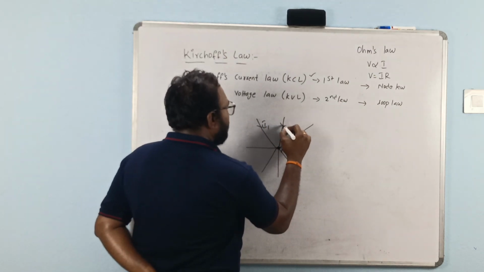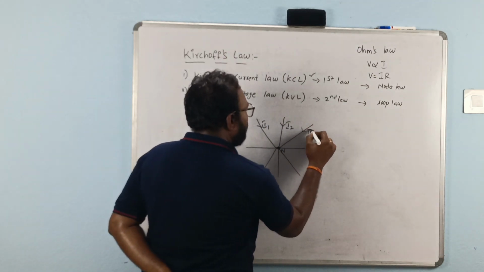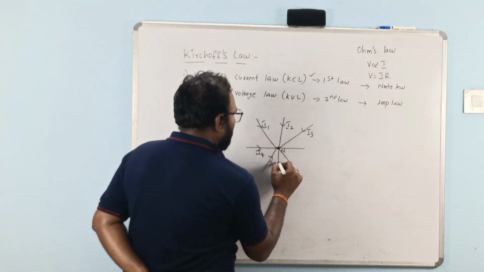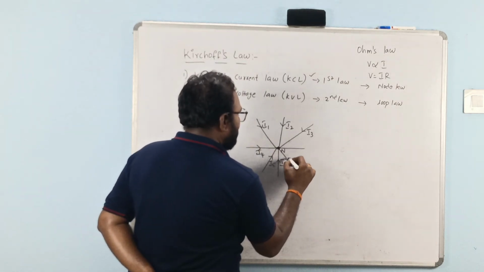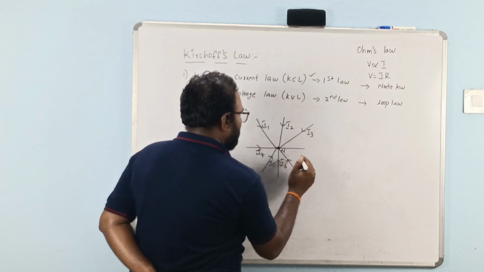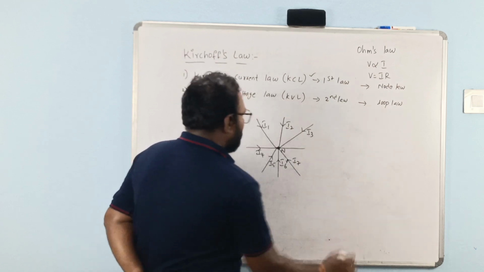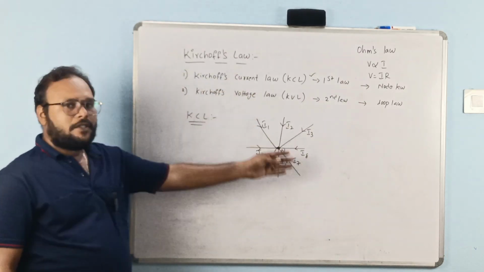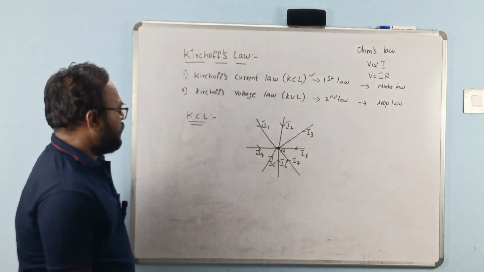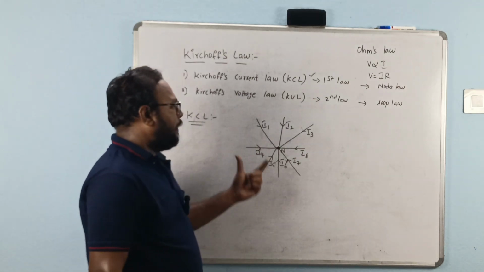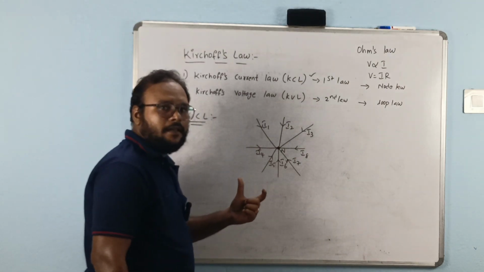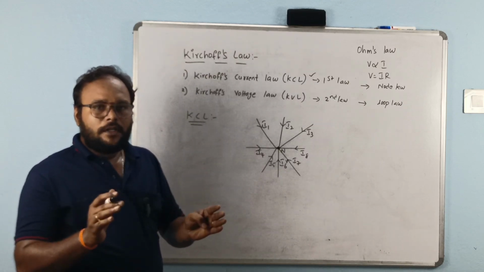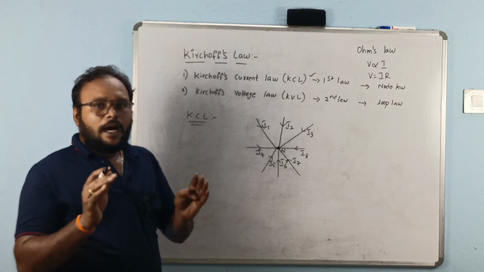Let them be I1, I2, I3, I4, I5, I6, I7 and I8. These are the different branches. The main motive of this law is that no current, no electrons, are stored at a node.